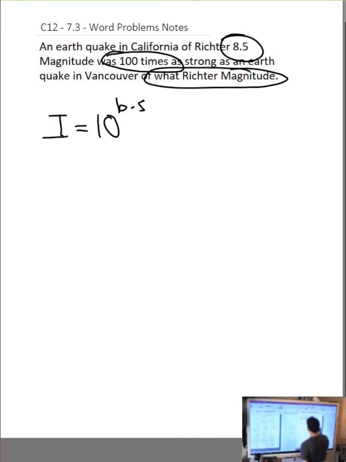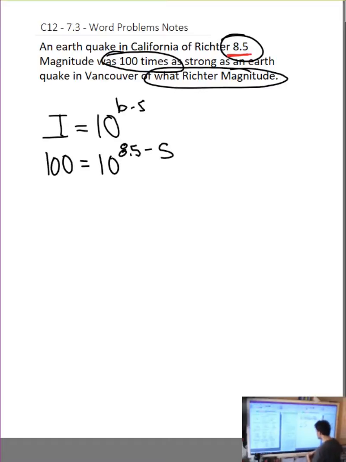Now this time the intensity was 100 times as strong, equals 10 to the bigger one minus the smaller one. So was 100 times as strong. That means that 8.5 is the bigger one, 8.5, minus the smaller one that occurred.